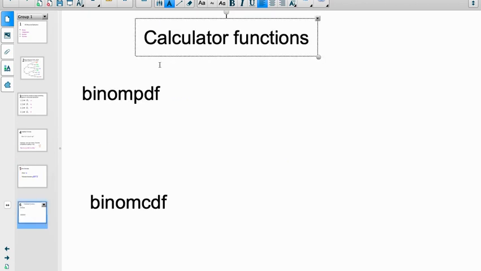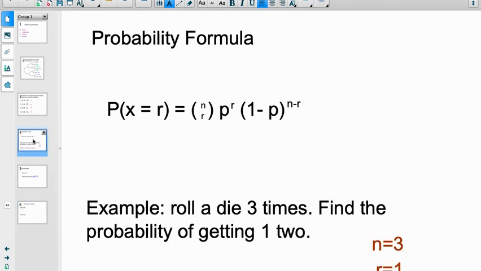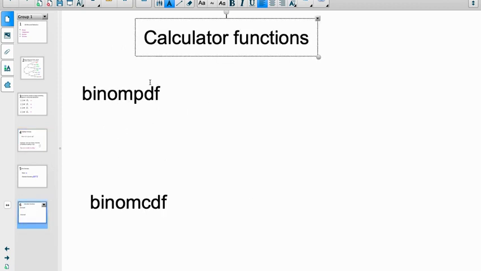The last thing are the calculator functions that you can use, so you don't even have to use this big formula. So binomial PDF is finding equal to. Roll a die 6 times, find the probability of getting exactly one 2.